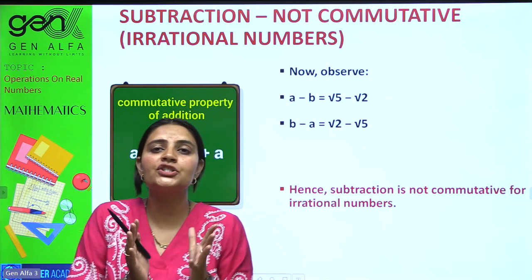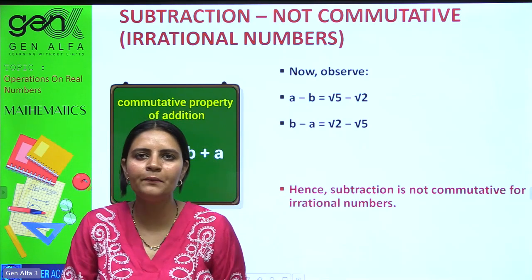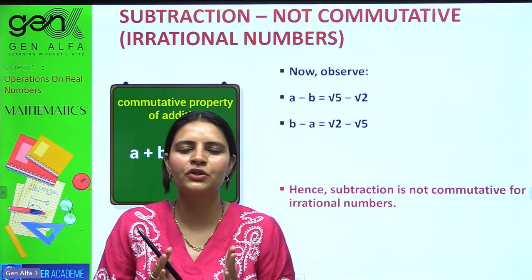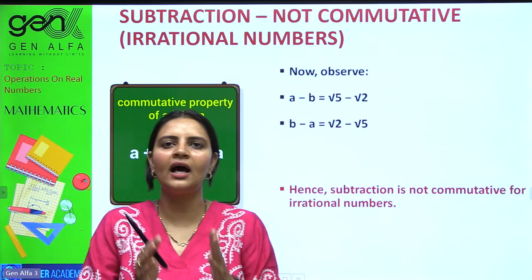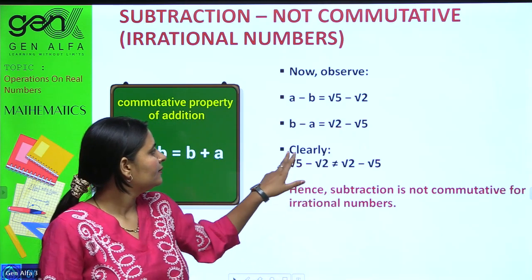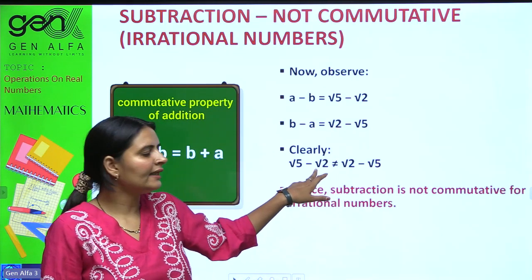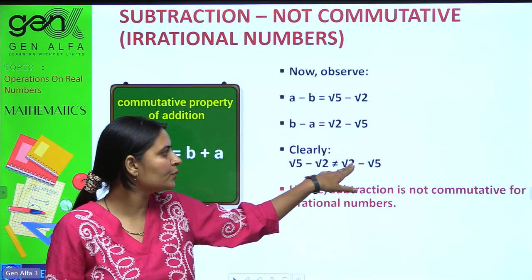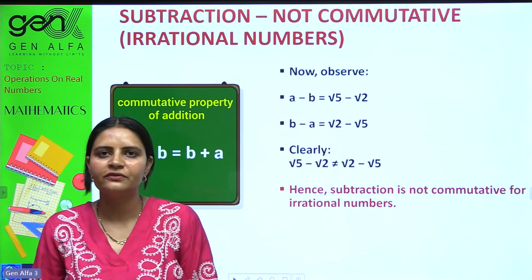No, I have just shown you the method about rational numbers. You are very right. Irrational numbers also are not commutative under subtraction, under division. Clearly, under root 5 minus under root 2 is not equal to under root 2 minus under root 5.